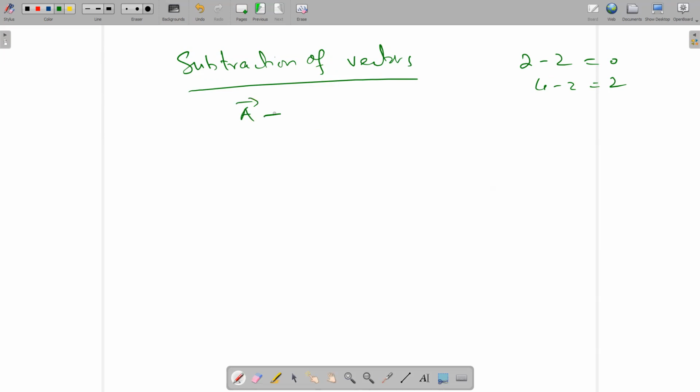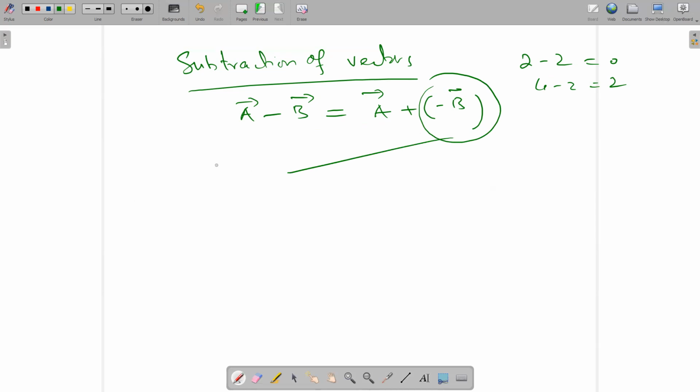If we have A vector and we want to subtract the B vector, we will write this in this style, because we cannot subtract two vectors directly. First, we will make this vector, and this vector is called the negative vector. So for the subtraction, first we make a negative vector and then add it to the first vector.